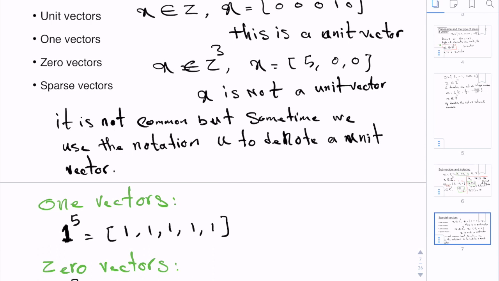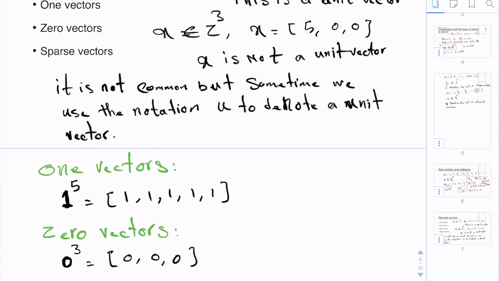Please note that sometimes I use a comma between elements in a vector, and sometimes I don't. It's not a convention. I just put a comma so as not to mess up the numbers, and it is visually more tractable to have these commas. But again, you can also remove these commas and still have a definition of a vector. Okay, so these are zero vectors.